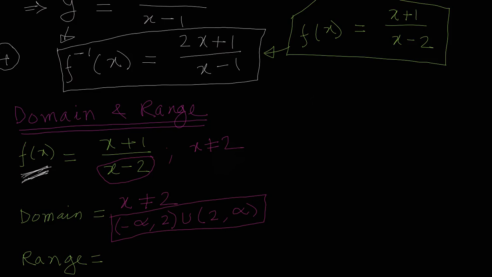We already found that the inverse is f inverse of x equals 2x plus 1 over x minus 1. So this is the inverse of this given function f(x).